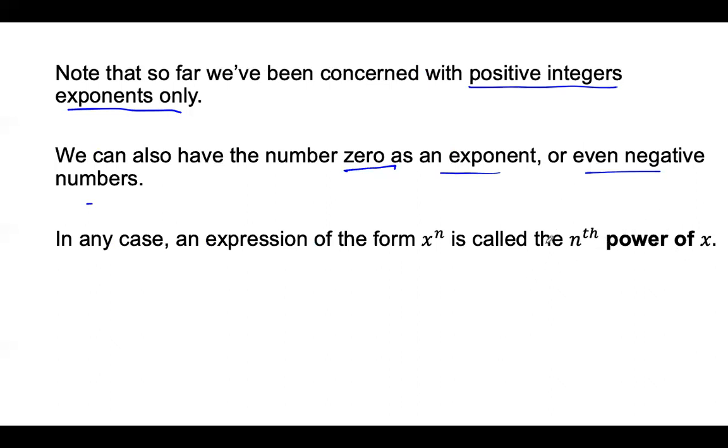So what this means is, let's say you have x to the power 5. The correct words to express this would be, this is the 5th power of x, is how you would express it.